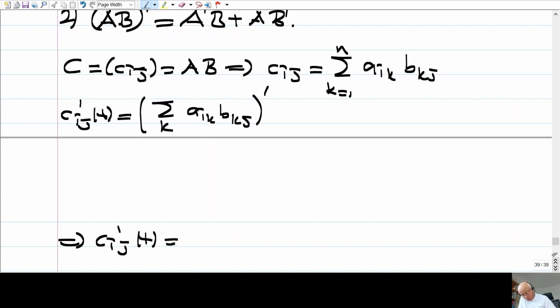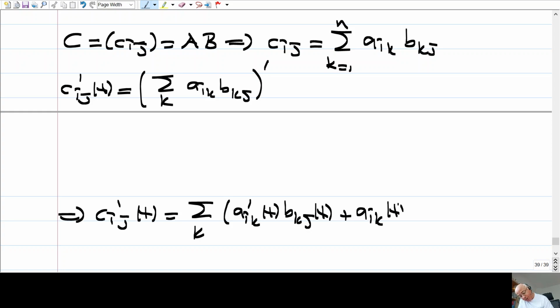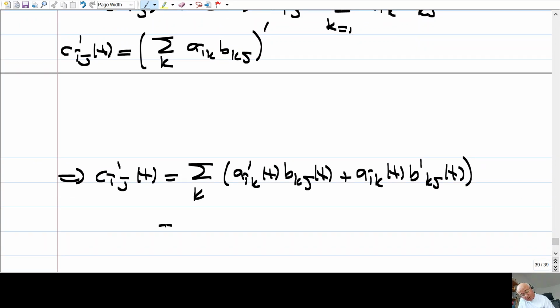These are just products of two real valued functions, so the derivative is A_ik prime(t) B_kj(t) plus A_ik(t) B_kj prime(t), right? It can be written like this.